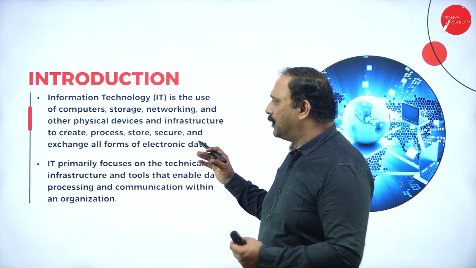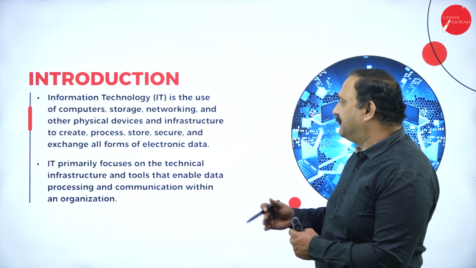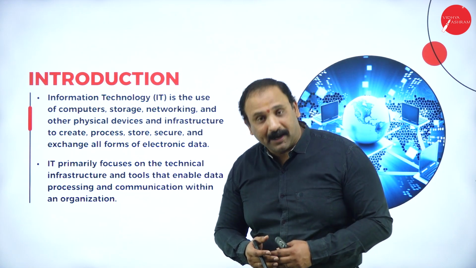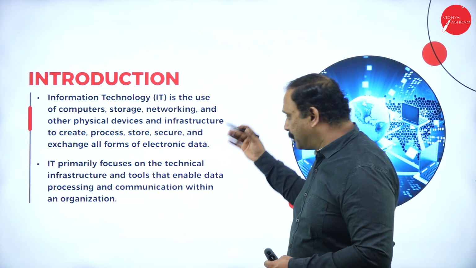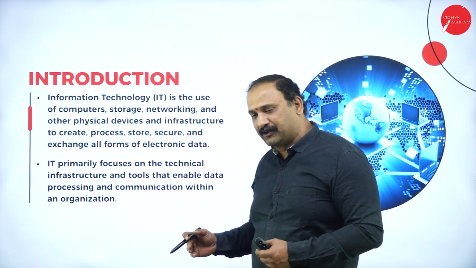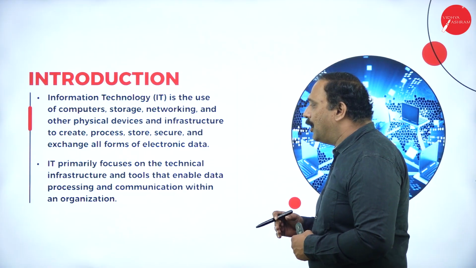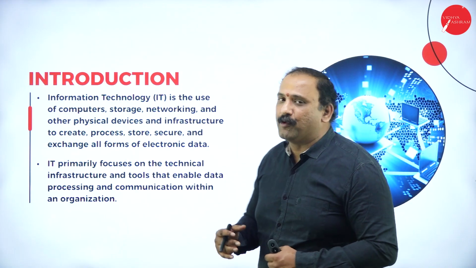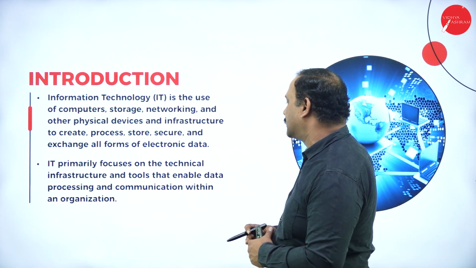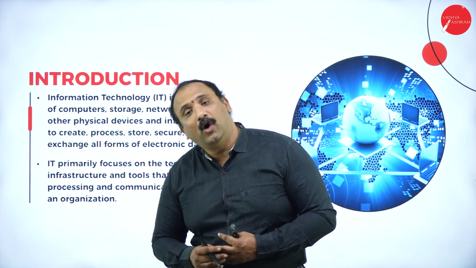So information technology is the usage of computers, storage, networking, other physical devices that we primarily use to procure, to process, to secure all the data and exchange all forms of electronic data. Now, let's talk about how IT primarily focuses on the technical infrastructure, enabling the processing communication within the organization.